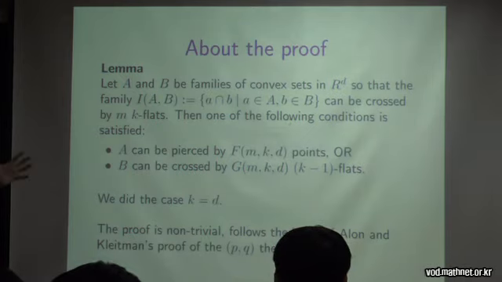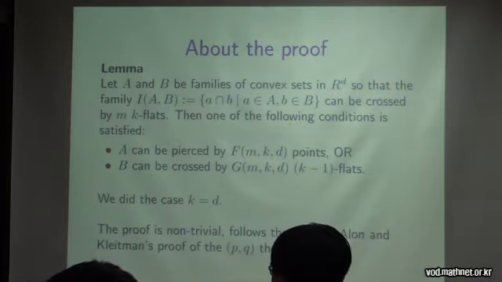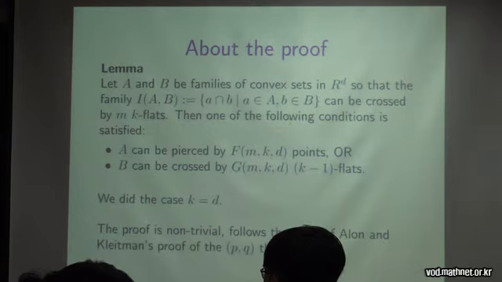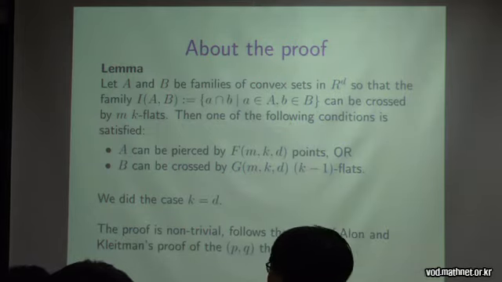Now, the proof of this lemma is really complicated, and it follows the idea of Alon and Kleitman's proof of the PQ theorem. Instead of using weak epsilon nets, we use weak epsilon nets for hyperplanes, which is something that this is Alon and who?